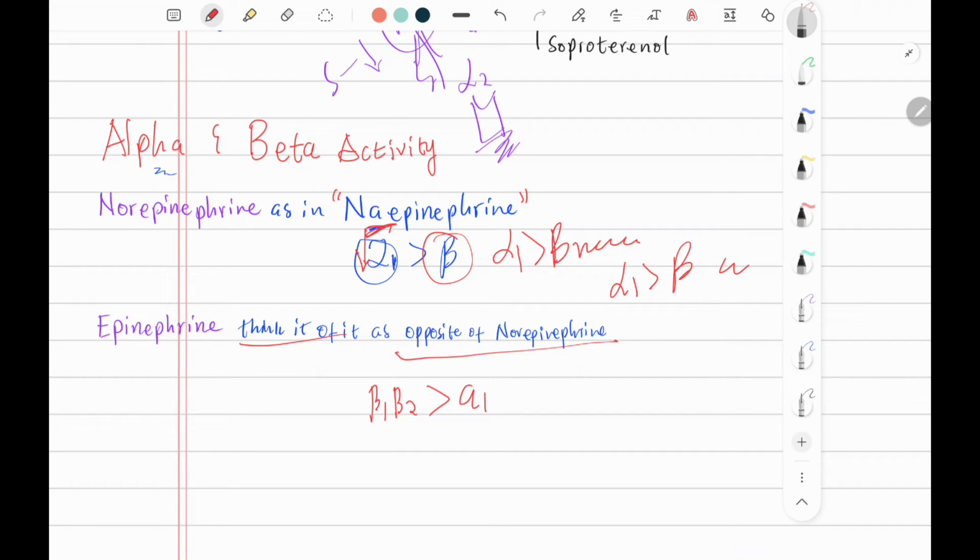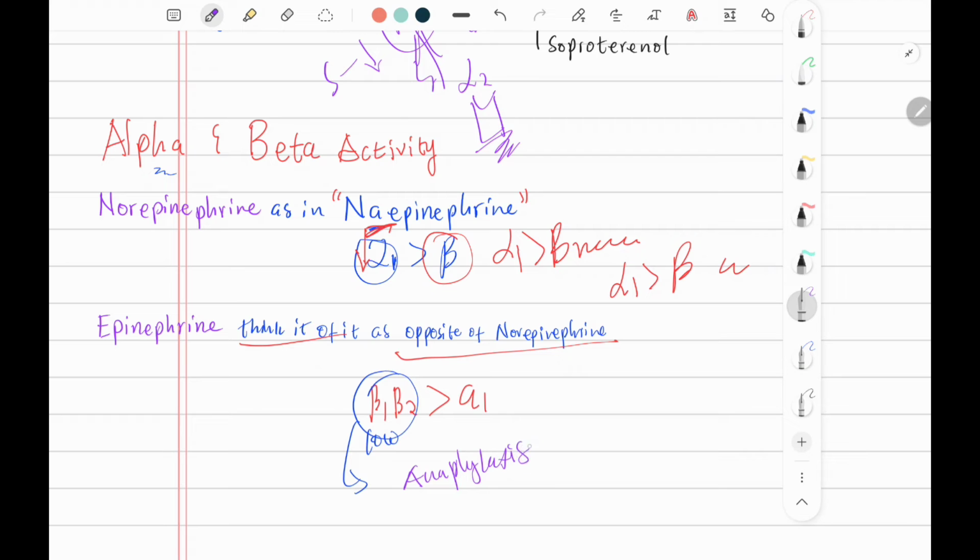So when you know the activity of na-epinephrine, you just take the opposite and you get your epinephrine. At lower doses of this drug, you get beta 1, beta 2 activity. And most of the time we use this drug in treating anaphylaxis.